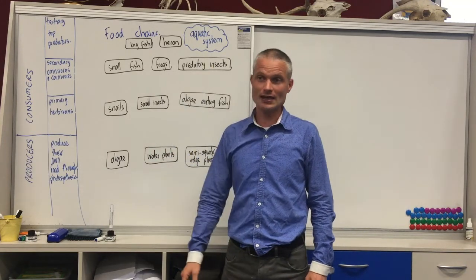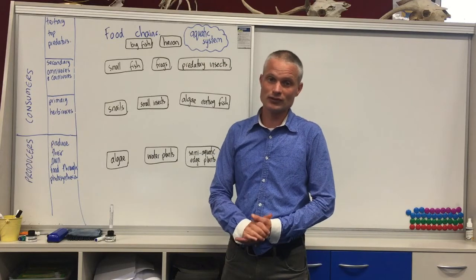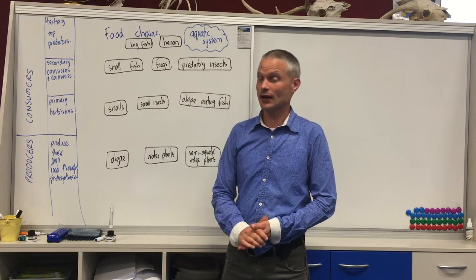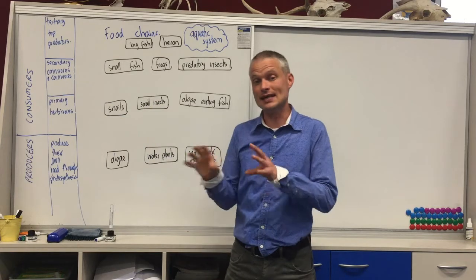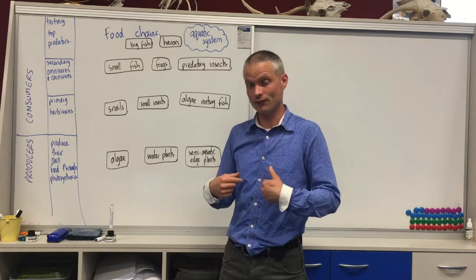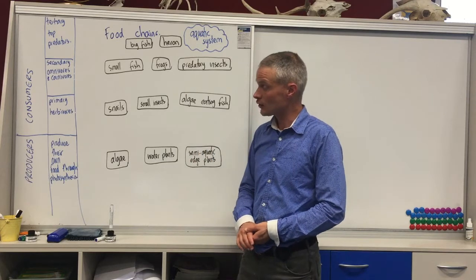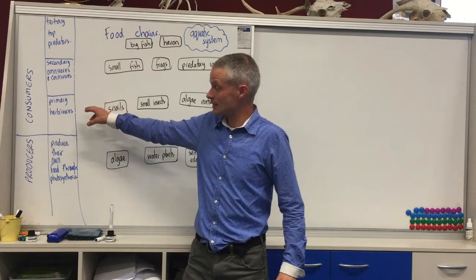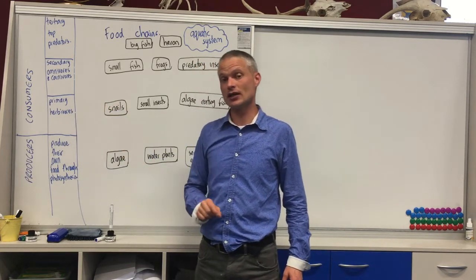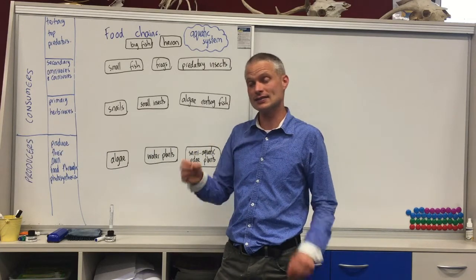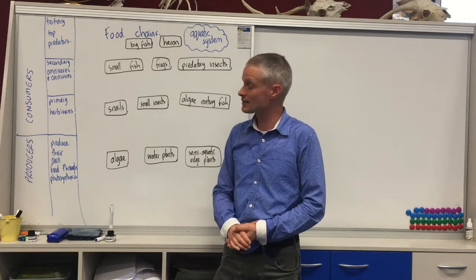The rest of all the animals that you get in any ecosystem are called consumers because they need to eat something else to get that food to make their own tissues in their body. So when you look at the consumers, there's primary consumers, which are herbivores. So they're the things that directly eat the plants.